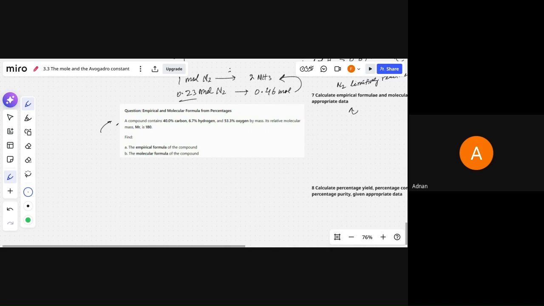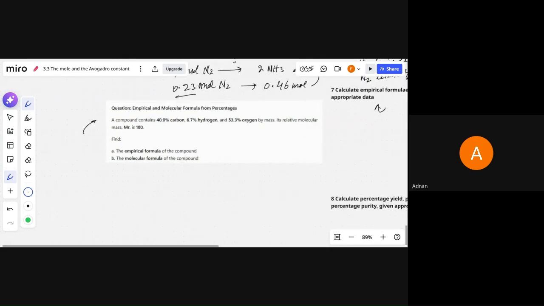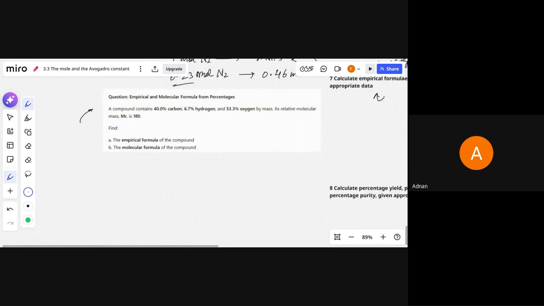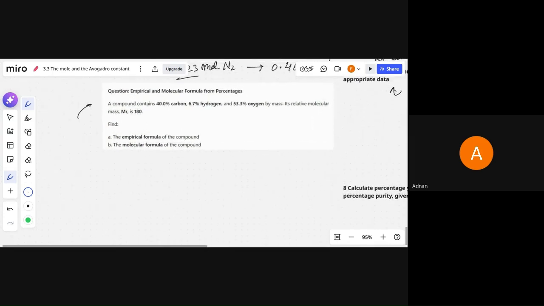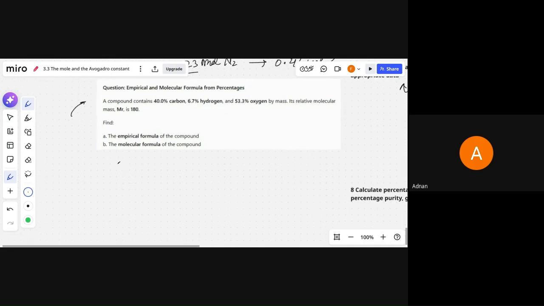We have already learned what an empirical formula is. If you have not watched that lesson, go back and watch the lesson on empirical and molecular formulae, and then come back and try to understand this. You must fill the knowledge gap. There's no shortcut, right?